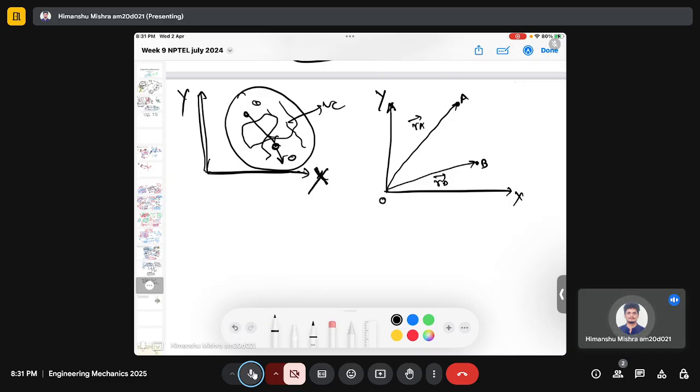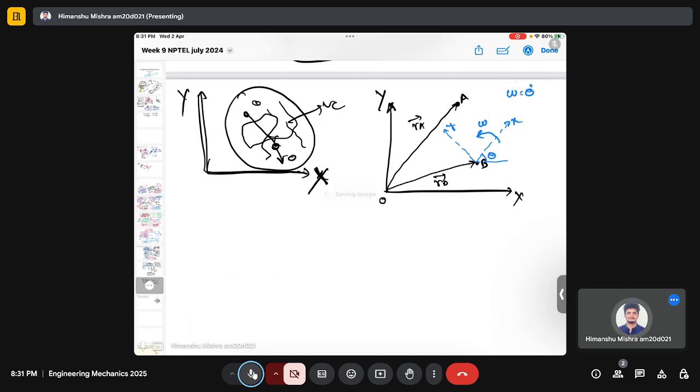Now let's say my point A is moving, and let's say there is a coordinate axis at point B. So this is Y, this is X. And this coordinate axis is actually rotating with angular velocity omega. Here omega is theta dot, because this theta is changing with time, and the rate of change of theta is actually omega.